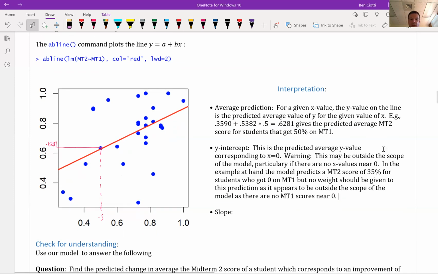Okay. Finally, there's the interpretation of the slope.